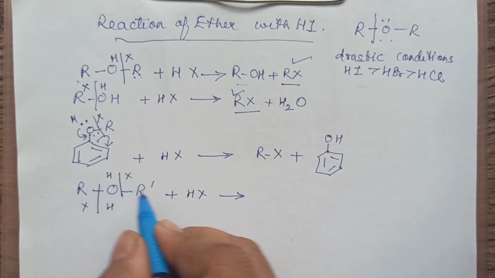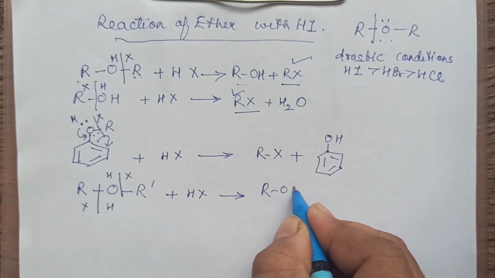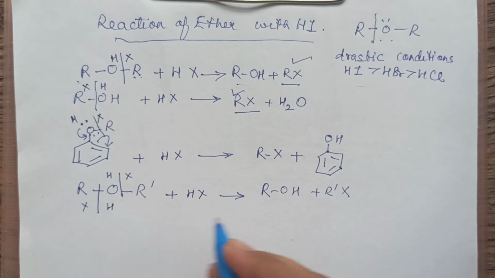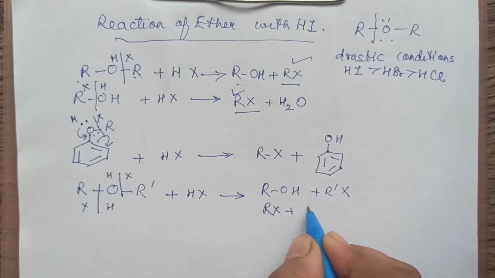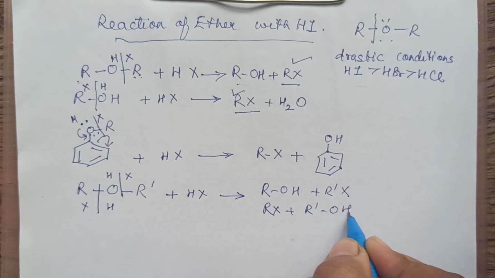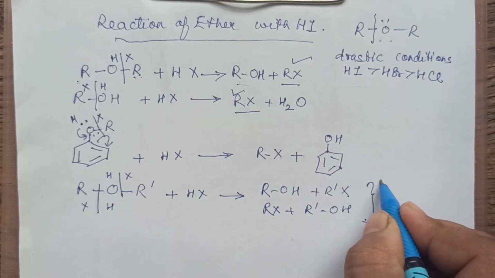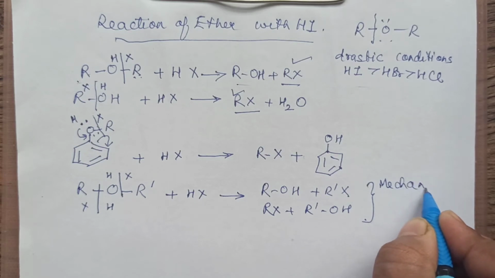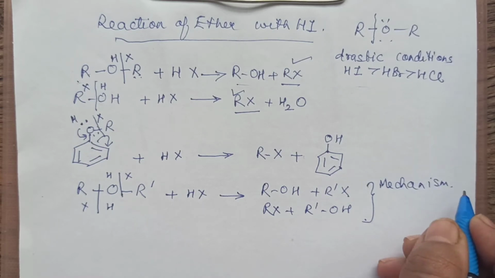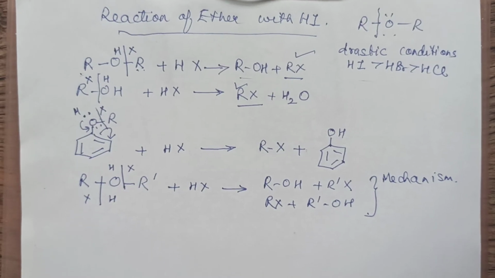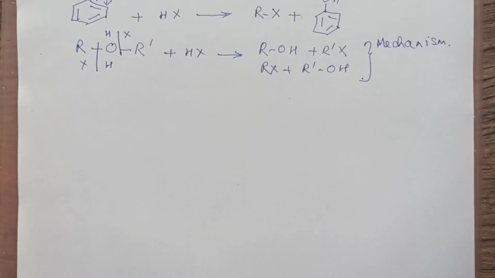If I write the first way, I get ROH plus R dash X. If I write the lower one, I get RX and R dash OH. In such cases we have to see, because wherever there is a doubt in organic chemistry, there is a rule. We need to see what alkyl groups are attached and the mechanism of the reaction. Let me take one particular example and explain it.